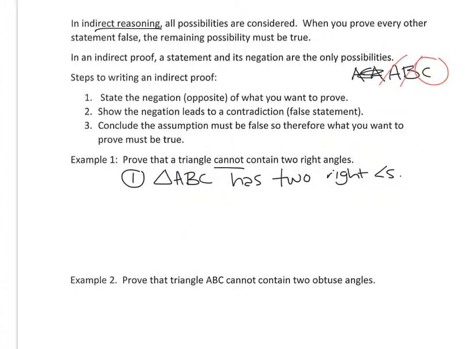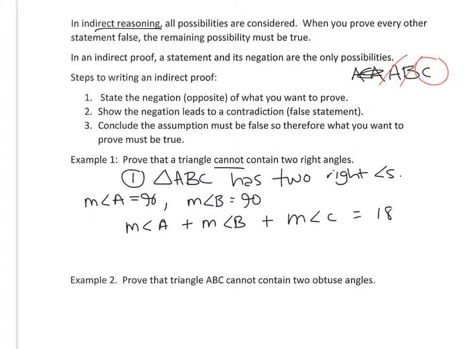If triangle ABC has two right angles, let's call the measure of angle A 90 and the measure of angle B 90. In the triangle, the measure of angle A plus the measure of angle B plus the measure of angle C has to equal 180 degrees by the triangle sum theorem.